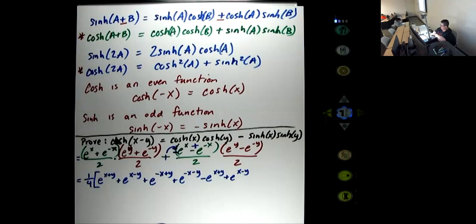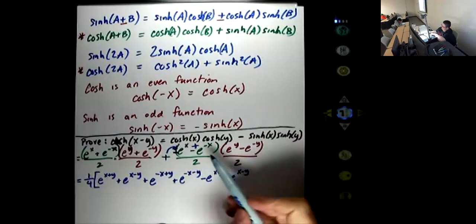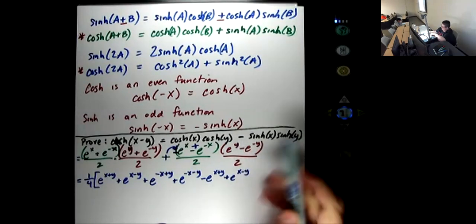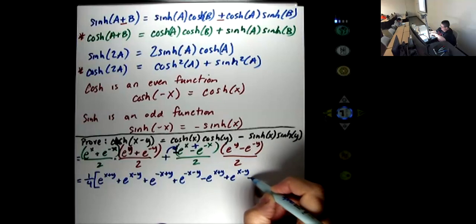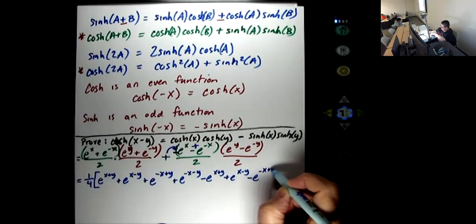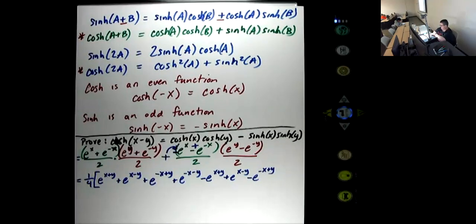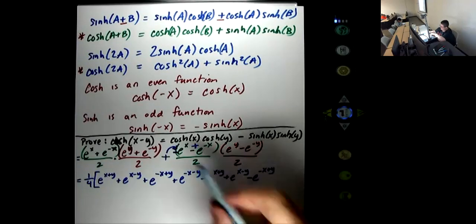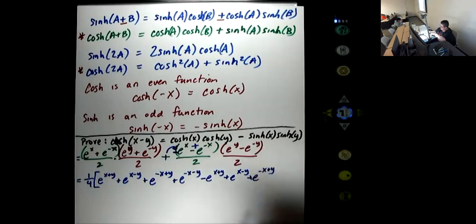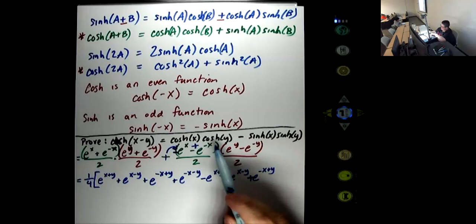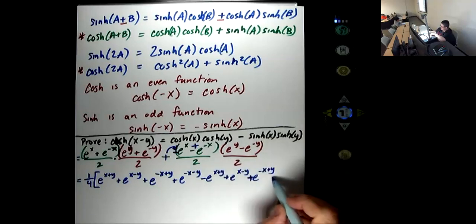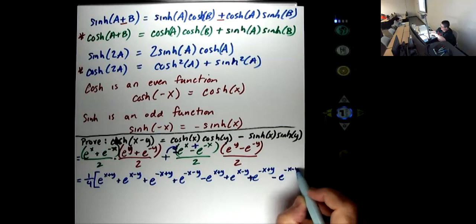There's a lot going on here. You kind of got to go a little slow, right? Negative e to the negative x times e to the y, we add the exponents, negative x plus y. Wait, nope, that's a positive. That's not a negative, that's a positive right there. And then I have positive e to the negative x times negative e to the negative y is negative e to the negative x minus y.